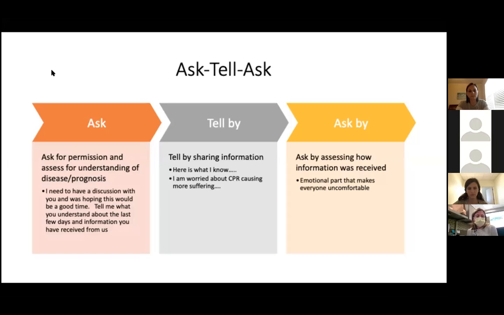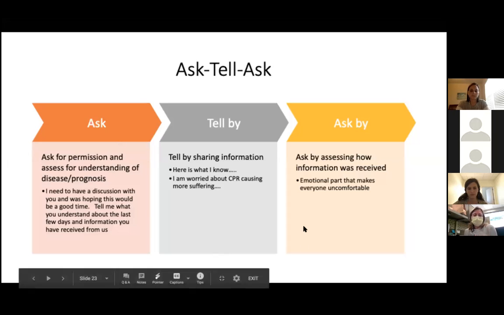So for example here, I just put, I need to have a discussion with you and was hoping this would be a good time. Tell me what you understand about the last few days and information you have received from us. And that usually will allow them to tell you this information.